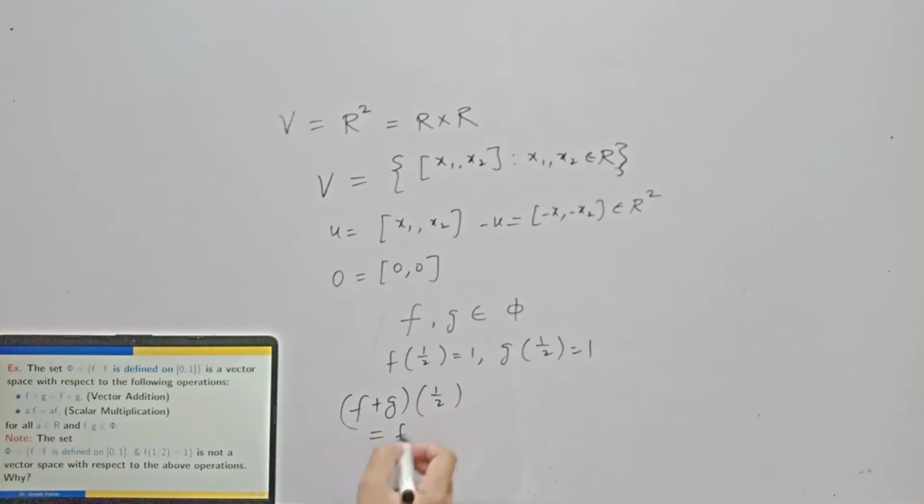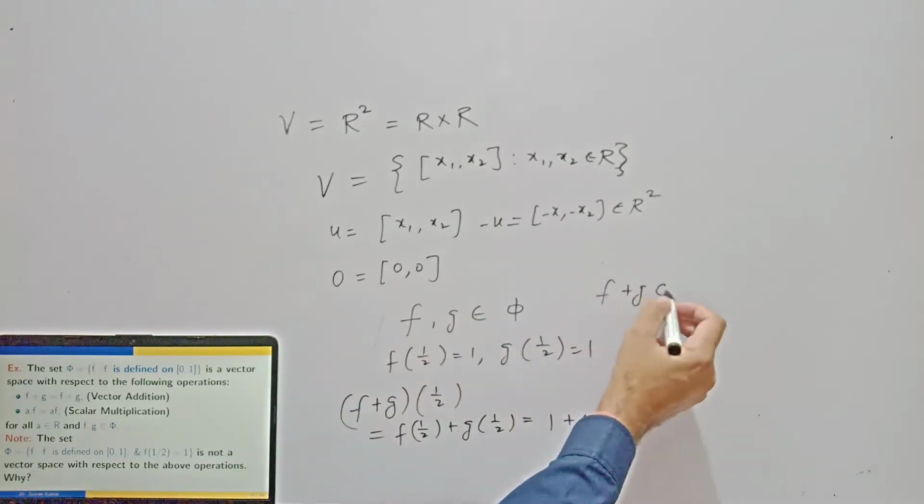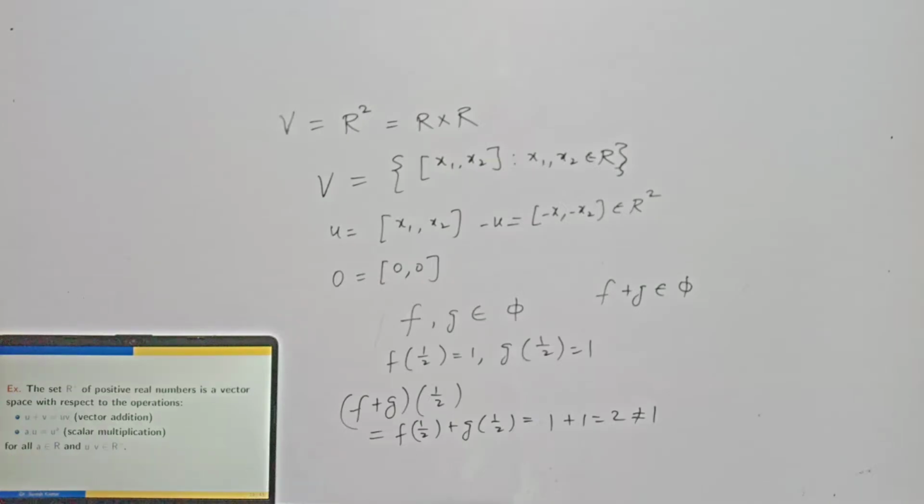But what is it? It is f of half plus g of half. That means what? 1 plus 1? It is not 1. It means f plus g does not belong to phi, the given collection. Closure property is not satisfied, so it cannot be a vector space.